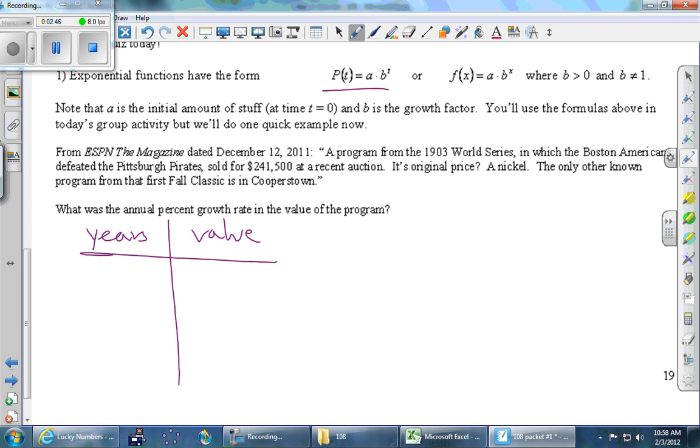And what's the first year that we have information about? 1903, and what was the value in 1903? It was 5 cents. So I'm going to put 0.05. And then the other year that we have, 2011, that's when this thing was sold at auction. And its worth was $241,500.